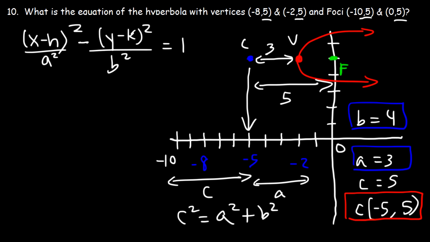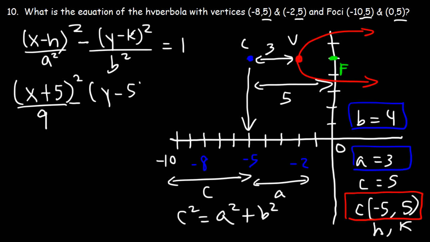And as we can see, a is horizontal. It's parallel to the x-axis. So a is under x. Now h is negative 5, k is 5. So it's x minus negative 5, which is x plus 5, and then squared. a is 3, so a squared is 9. k is 5. Now b is 4, so b squared is 16. Therefore, this is the equation of the hyperbola.